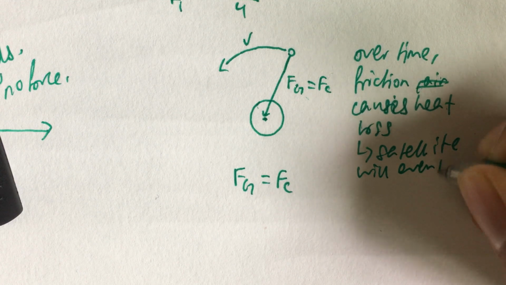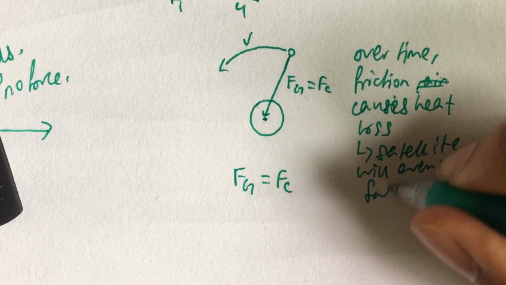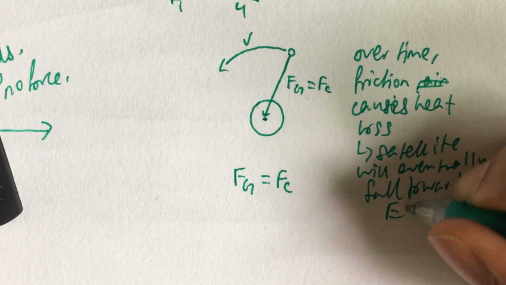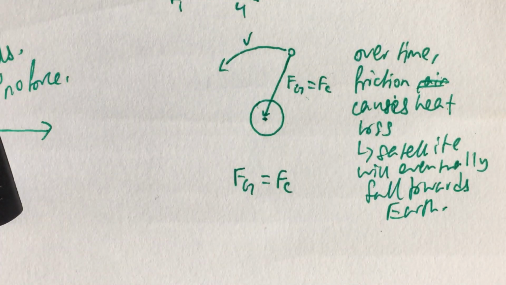The friction will make it move down and down, and at a certain point it will go so low that it ends up burning up in the atmosphere. The atmosphere is huge, and sometimes it doesn't have enough force all of a sudden, and it just falls straight into the atmosphere. That's where it burns up, because of the high speeds caused by the gravitational attraction.